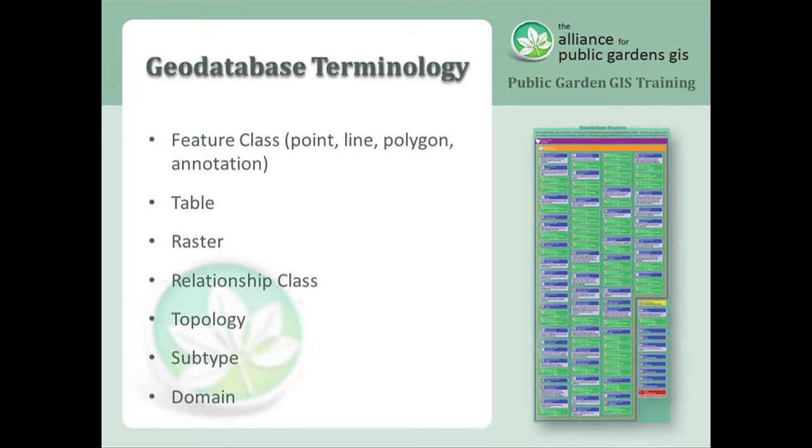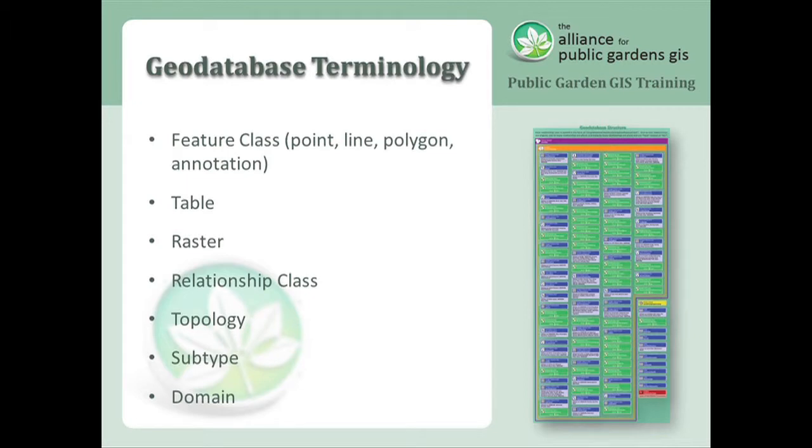We would draw a line around the outside of it, but that line closes and thus forms a polygon. That is the boundary of that planting bed. And then annotation, as I mentioned, would be used for maybe storing the scientific name and accession number of a plant that you want to display on your map. Those are fixed labels, so that when you pan and zoom around your map, those labels stay the same size and in the same place.